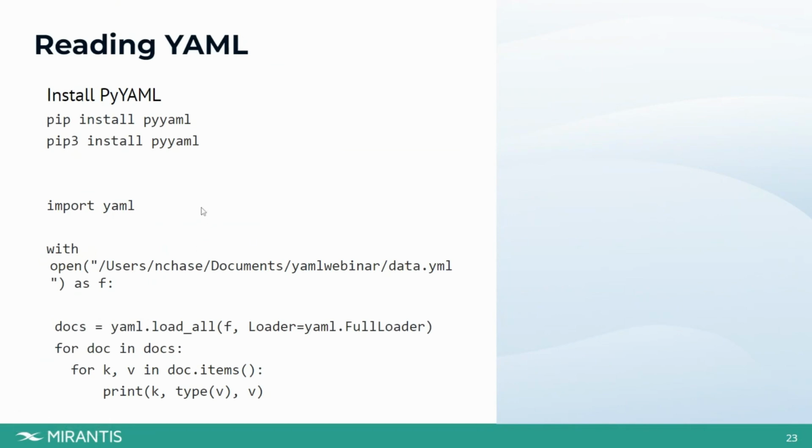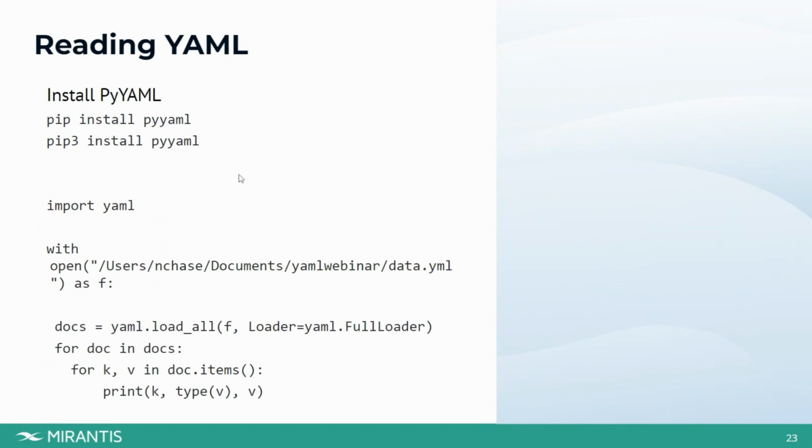In order to mess with it, you can create a program that reads your YAML files and spits back out to you what you see. The first thing you would want to do would be to install a YAML parser, which for Python is very easy.